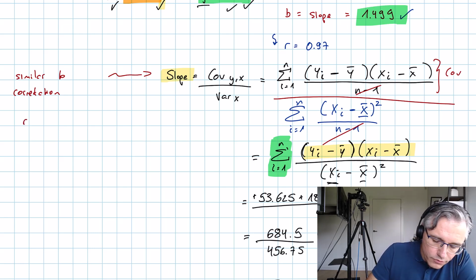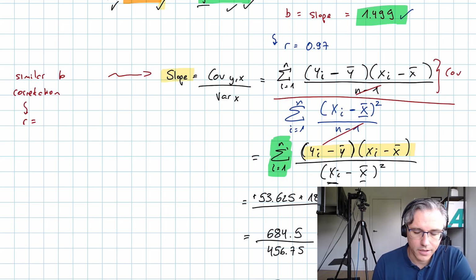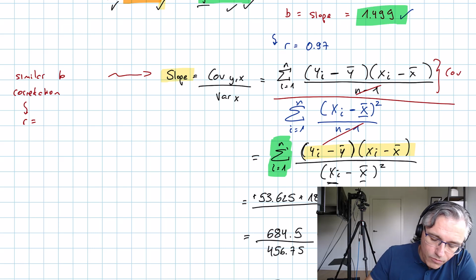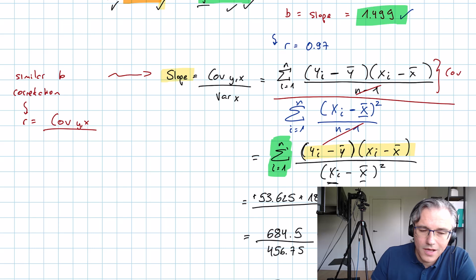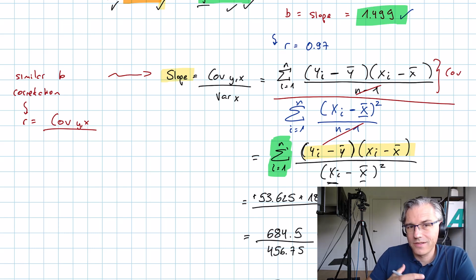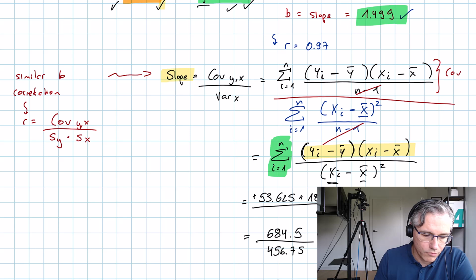If you want to compute correlation, that's R, and by the way, our calculator had given us correlation, right, 0.97. What you'd need to do is take the covariance of the two terms, and then instead of dividing by the variance of x, which is the standard deviation of x squared, you'd take the standard deviation of y multiplied by the standard deviation of x, right?